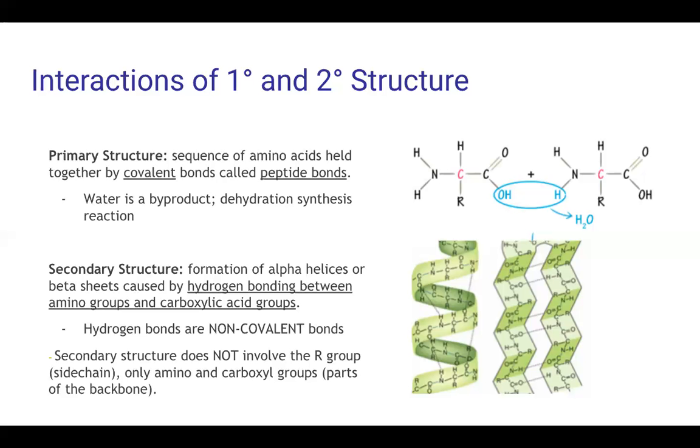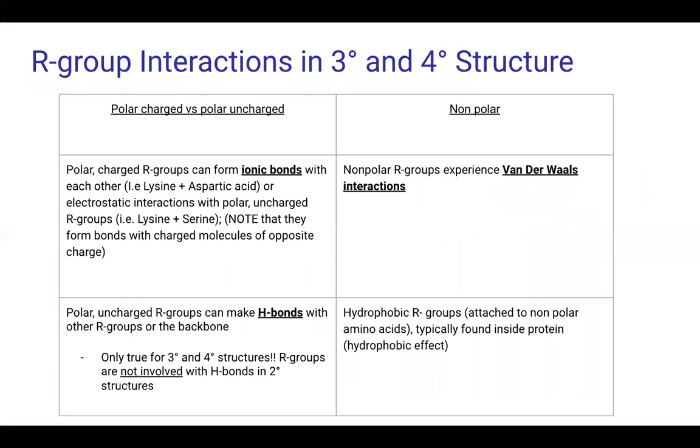Secondary structure does not involve the R groups. This is pretty important. It's only the backbones for your bonding. And then your tertiary and quaternary structure. So this is the whole polar charged versus polar uncharged.